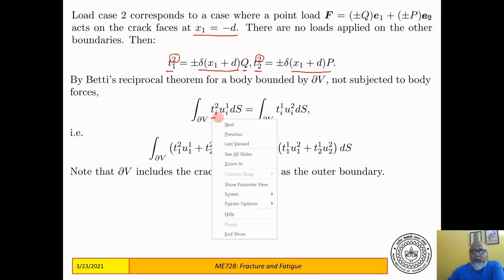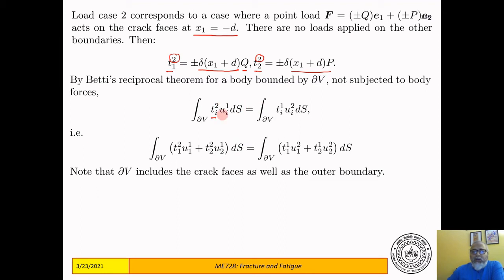tractions in problem 2 acting on displacements in problem 1 integrated over delta V is equal to tractions in problem 1 acting on displacements of problem 2, again over delta V. This delta V includes the crack faces as well as the rest of the boundary.